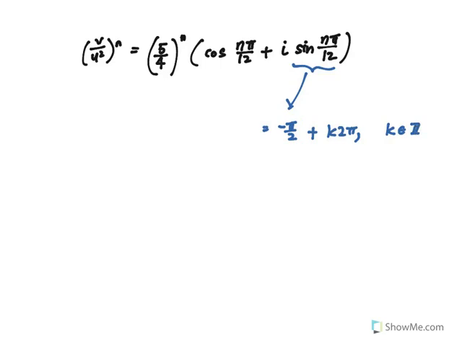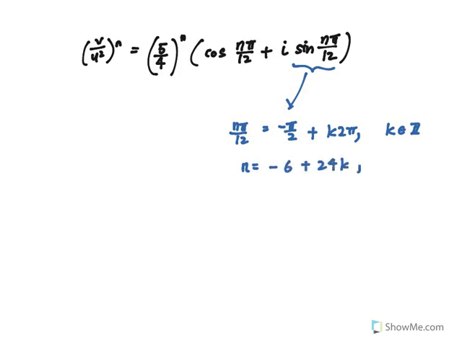That means n pi over 12 can be written like this. Simplifying, taking away pi and 12, n equals negative 6 plus 24k.